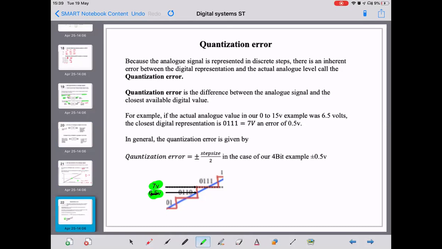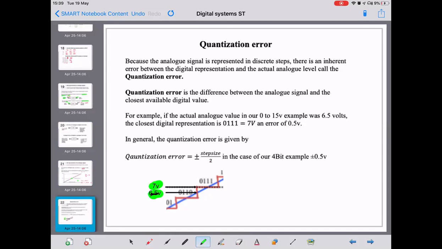So what we have there is an error of up to half a volt, because 6.6 volts would be rounded up to 7, 6.3 would be rounded to 6, and 6.49 would be rounded down to 6 in this system.